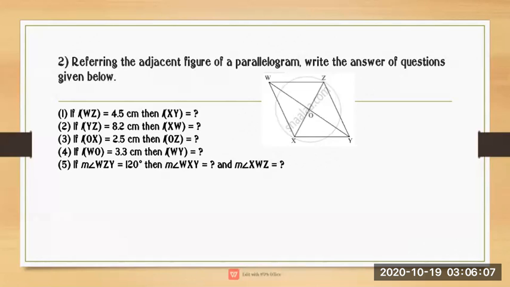And some student has given the right answer also. No, it is not 180 degree. Adjacent angles of a parallelogram are supplementary. I have told you, adjacent angles of a parallelogram are supplementary. That means what you have to do? Yes, some student has given the right answer. It is 60 degree.